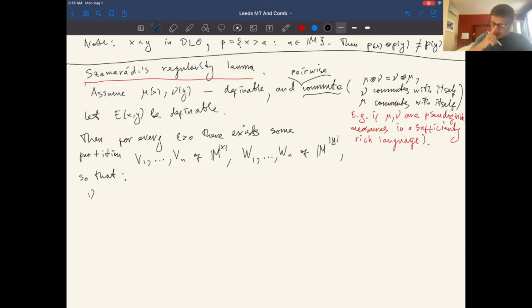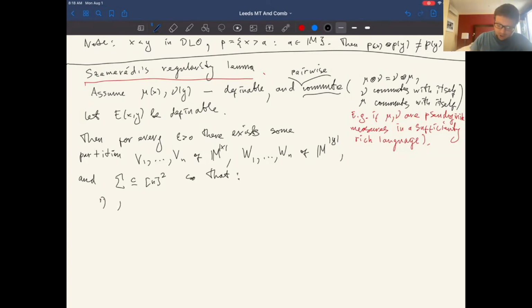So we have this partition and some bad pairs in this partition, let's say some sigma, a subset of n squared, so that, one, the total measure of the rectangles in sigma is small.